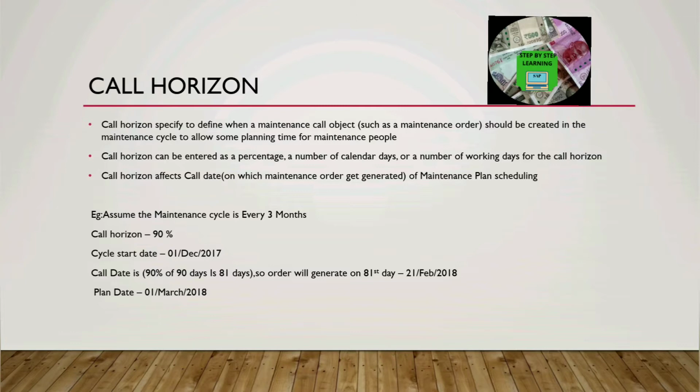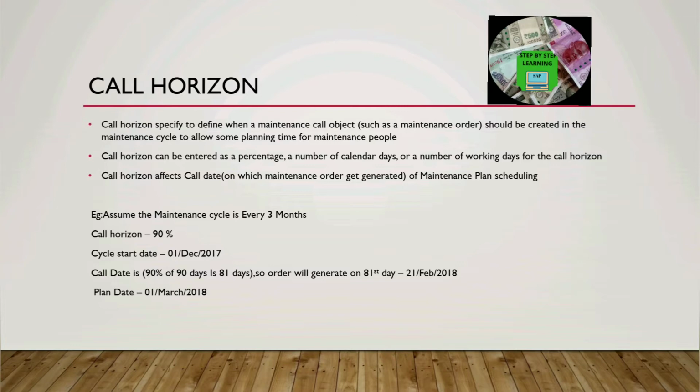So if the order gets generated on 1st March 2018, on the same date I need to perform maintenance. The maintenance people may not get the time to schedule and plan for the maintenance work. If there is a maintenance department working in that industry, they need to have a meeting with the process people, operations people, and schedule the equipment.